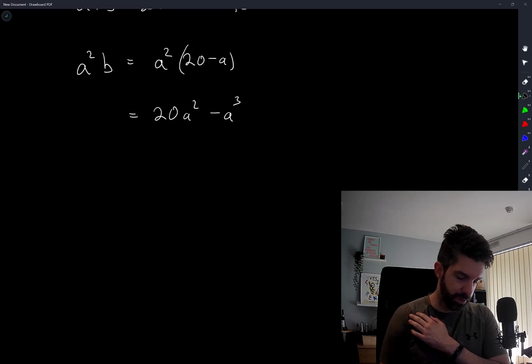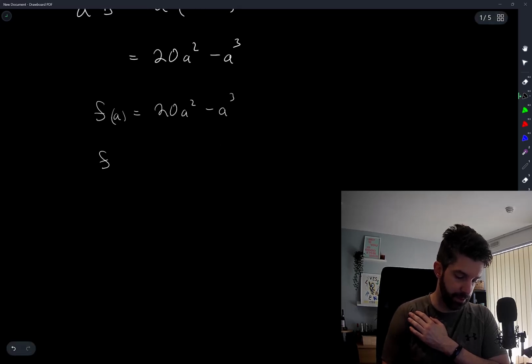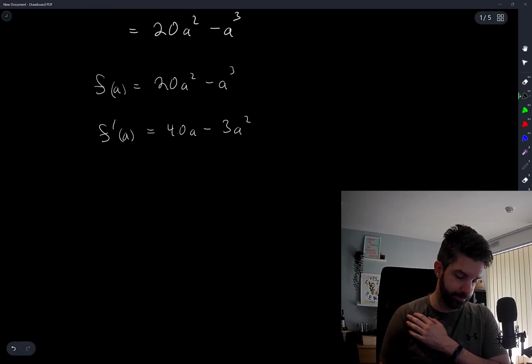Maybe let's treat this then as a function of a single variable, just so we can have a guess or an approximate value of a for when the derivative changes sign. So 40a minus 3a squared. I want to solve for when this is equal to 0. I don't want a to be equal to 0, so we have 40 minus 3a is equal to 0.